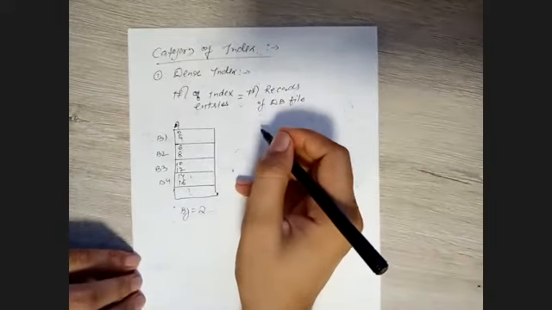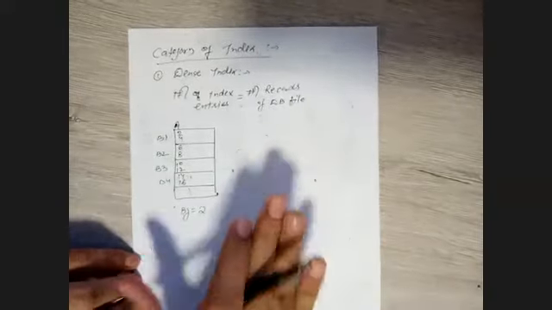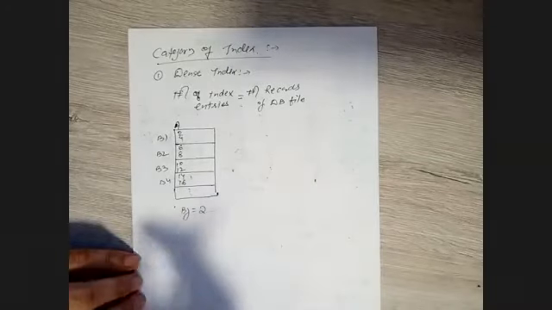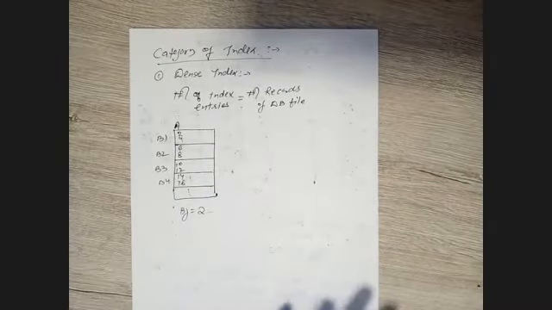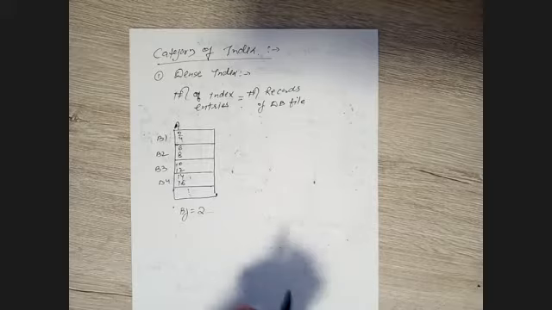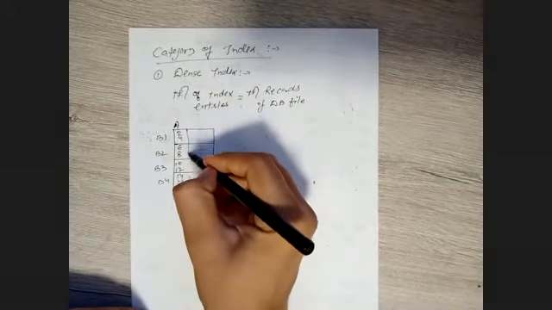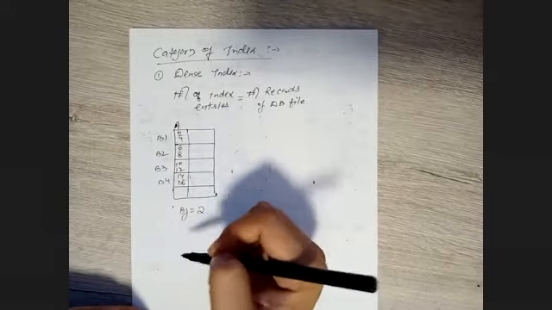Now in dense index, again we have two situations. The one is if our field, that is this one, is an ordered field or an unordered field.